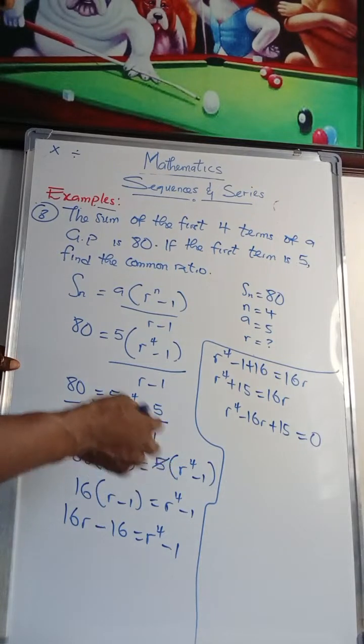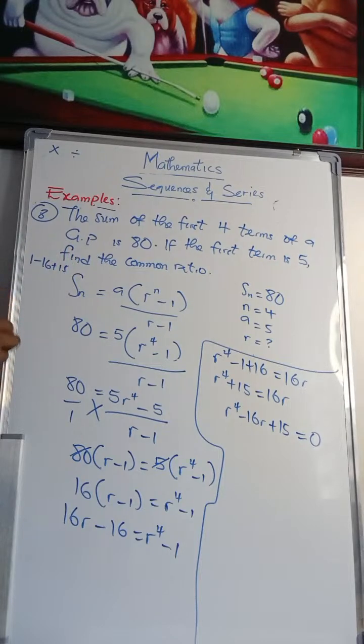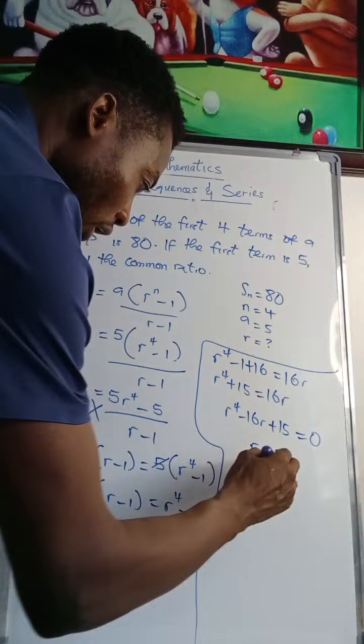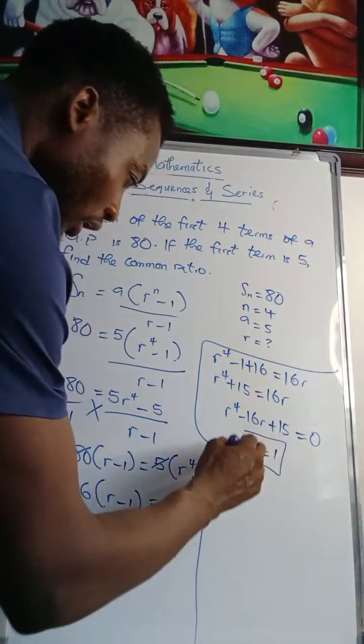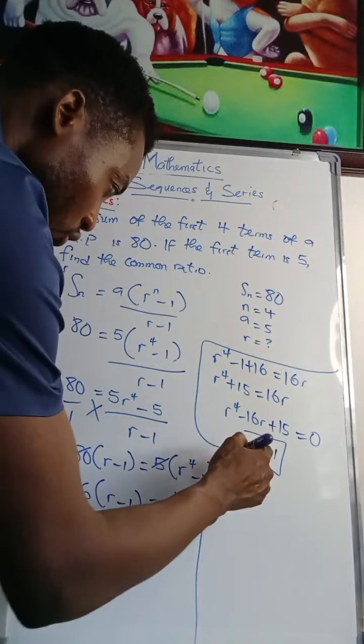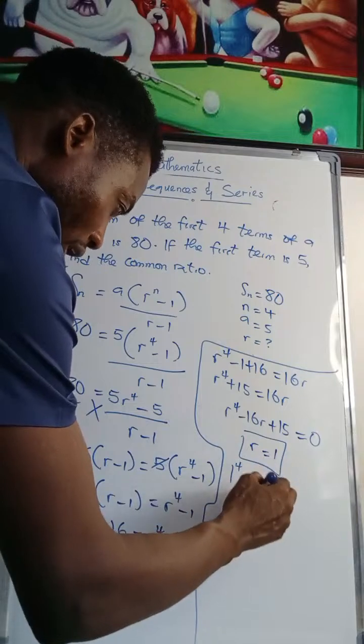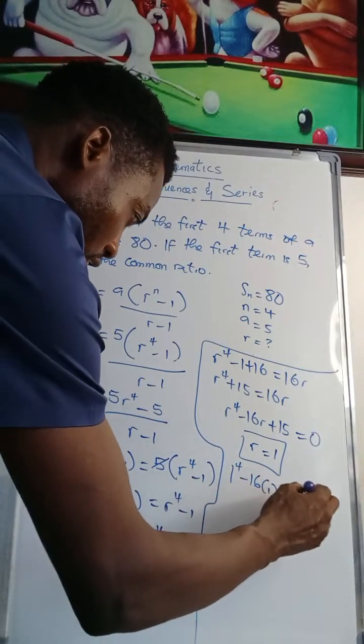So 2 didn't work. Let's try 1. If you use 1, that will be 1 minus 16 plus 15. Yes, that will work. So r equals to 1. We add r here, which is 1. So 1 raised to power 4 minus 16 times 1 plus 15 equals 0.